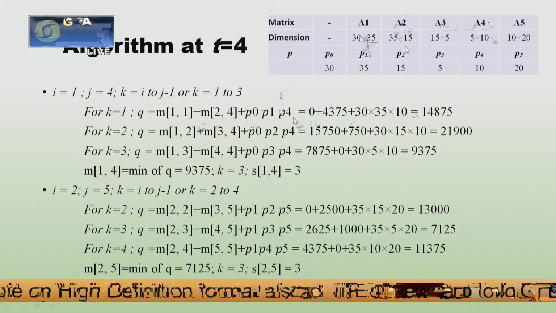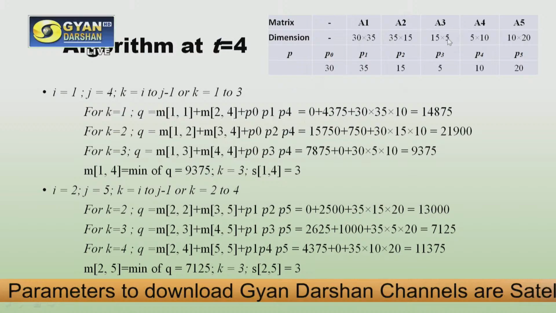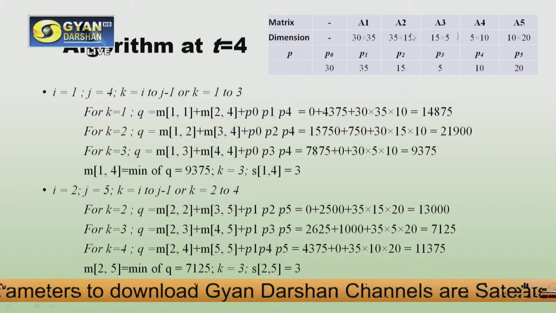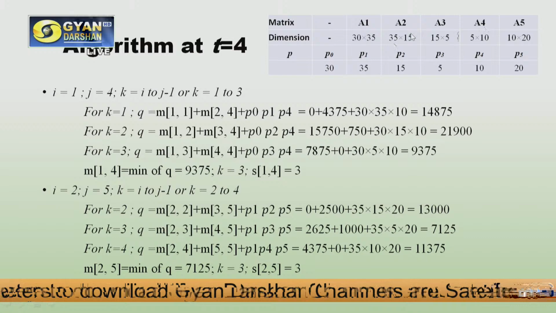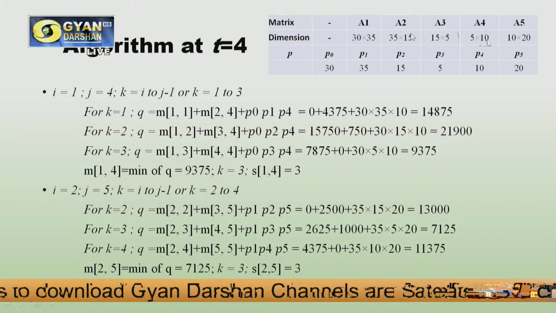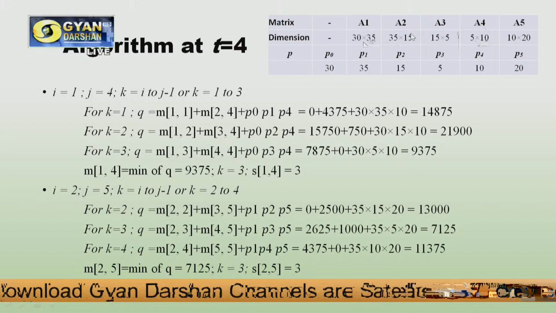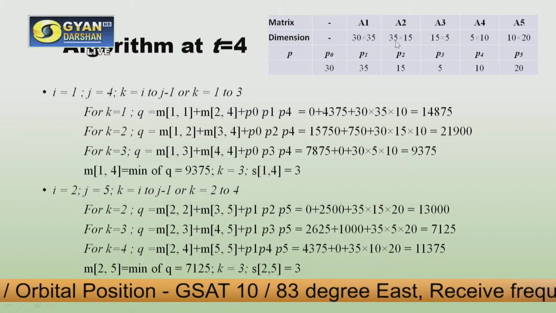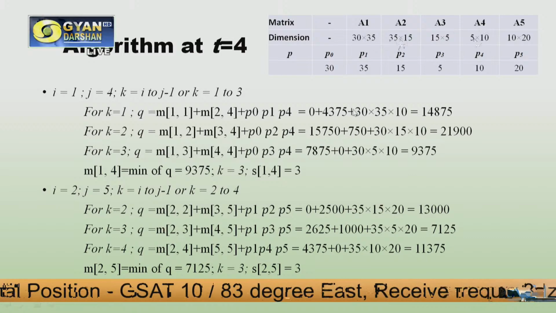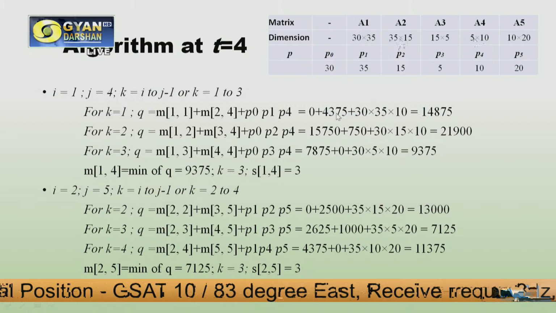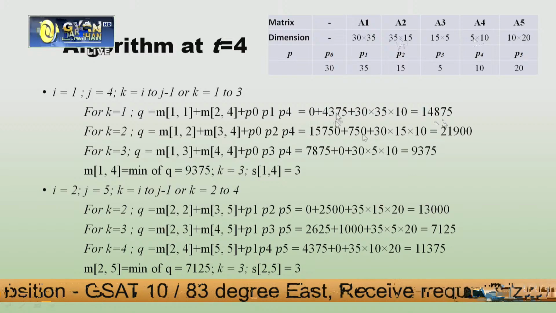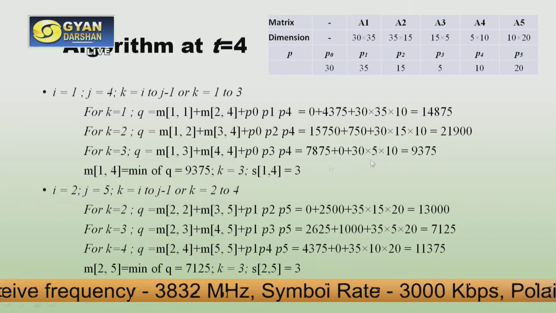And P0 into P1 into P4, because A2, A3, A4 is going to bring a matrix of the size 35 into 10 only. So you are multiplying a matrix of 30 into 35 with a matrix of 35 into 10. This is how you are going to compute the numbers. Automatically, the algorithm is going to compute these numbers for you.